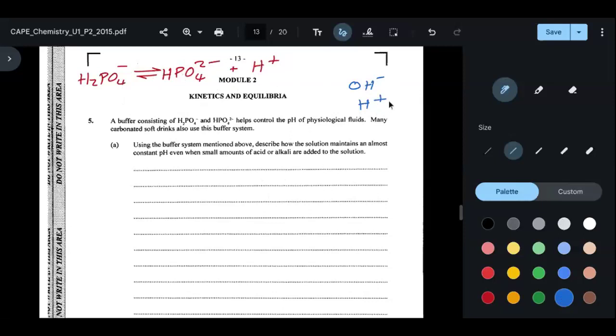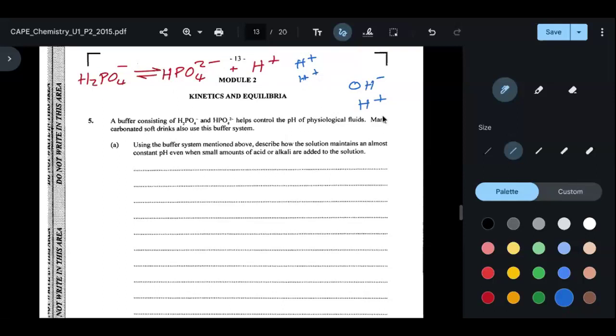So what would happen if you add hydrogen ions to this buffer? It will shift to the left to reduce the concentration of hydrogen. Right. So HPO4 2 minus would accept a proton to form this.